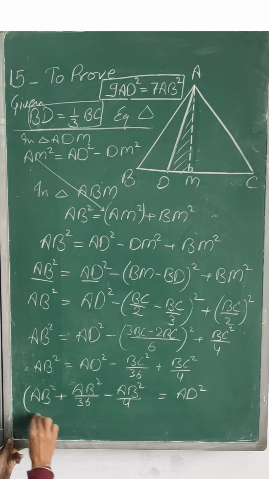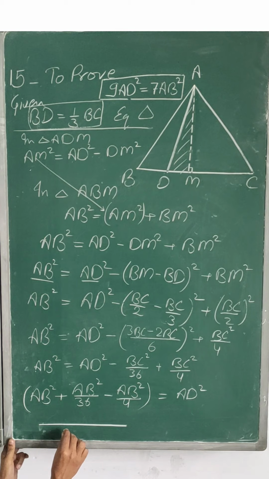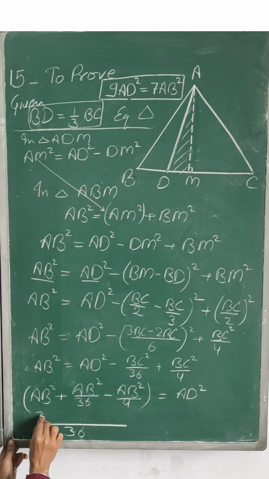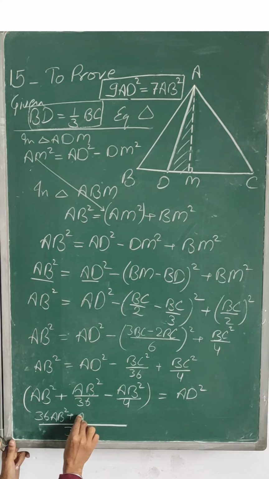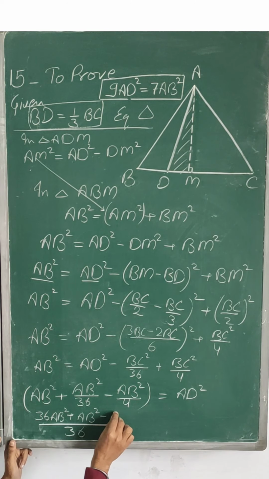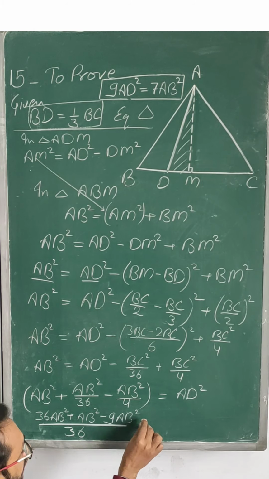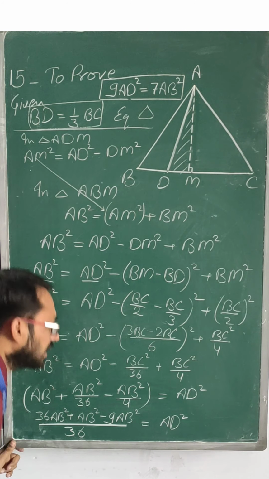Now we need to simplify it. So I am taking LCM. LCM will be 36. It will be 36 AB square plus AB square minus 9AB square equals 36 AD square. So this we are getting.